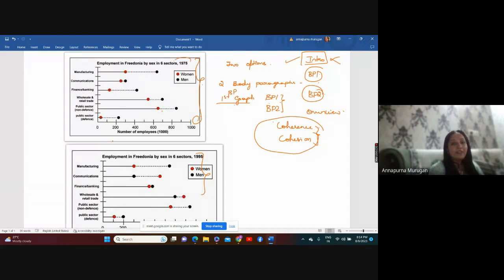In 1975, whatever happened, you have fixed in one paragraph. In body paragraph one, I'm going to discuss everything that happened in 1975, so whatever information is there will be related only to 1975. Whereas in body paragraph two, you will talk only about what is happening in 1995.